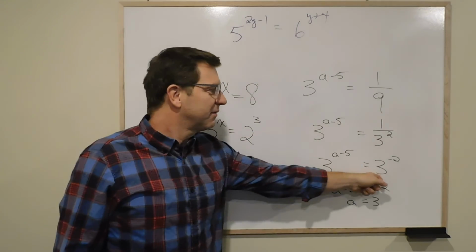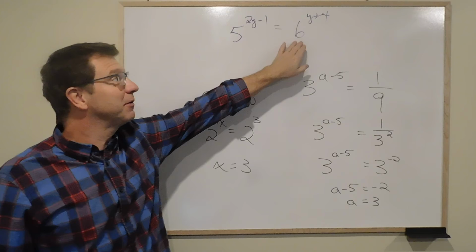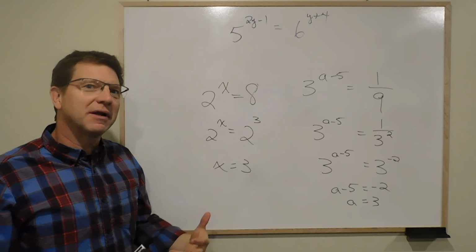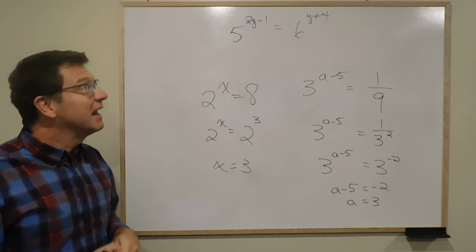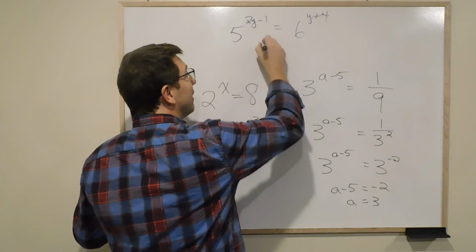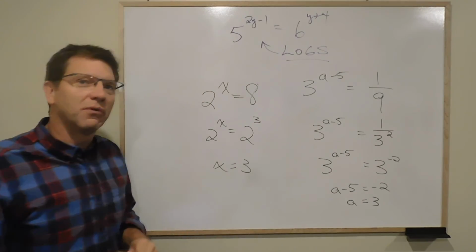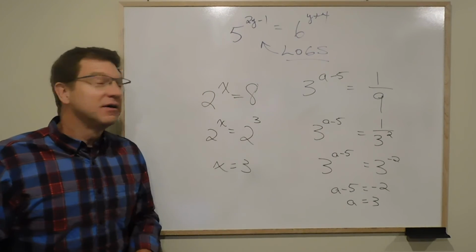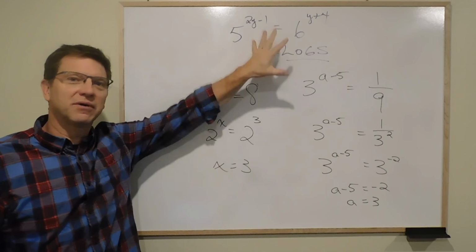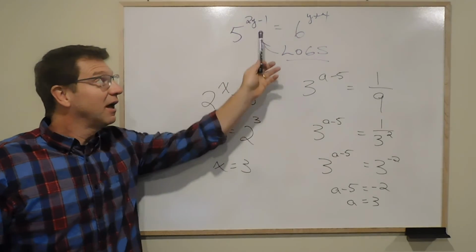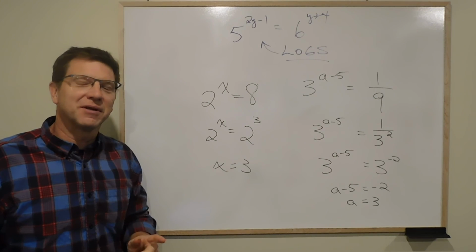You know, 3 and 3, that's nice. But what happens when we have 5 and 6 as a base? We're not going to be able to line those up with common bases. And this is the type of thing that we will need logarithms for. Okay, so we're going to keep going. It's a bunch of slides on this stuff, and then we'll get into the logarithms. But there's a difference between why these work and why we need logarithms for some of the other things.